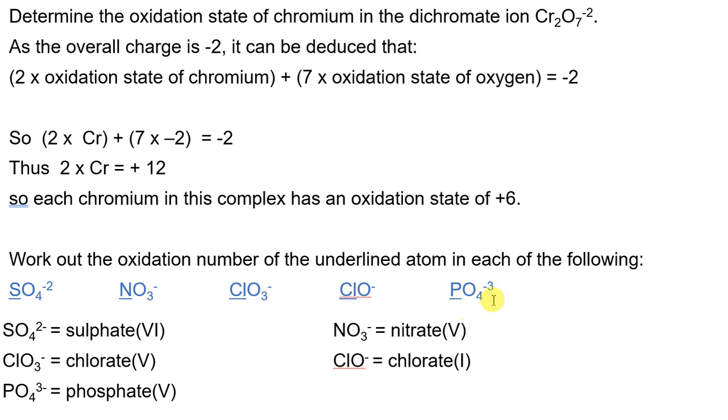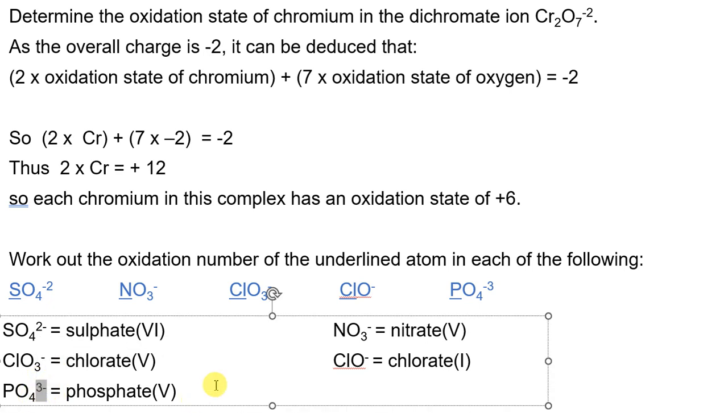And phosphorus in PO4 3-. I've written 3 minus, should be -3. My bad. Okay, so I've got 4 oxygens, -2 for each, that's -8, -3 overall, phosphorus must be +5.